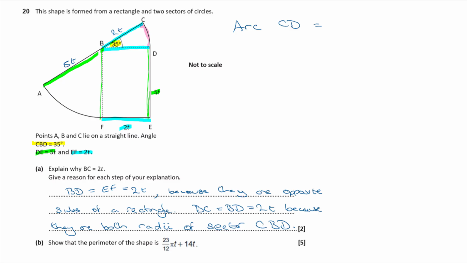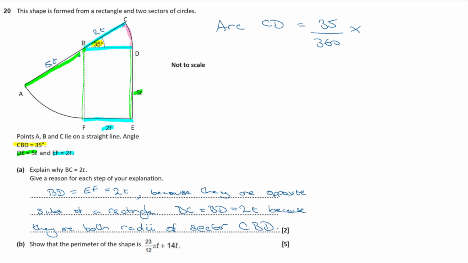So it's going to be the angle at the center, 35, over 360, times. An arc is a fraction of a circumference, and the formula for the circumference of a circle is 2 pi r. So 2 times pi times the radius, which in this case is 2t, isn't it? Just combining all those numbers in the numerator: 35 times 2 times 2, double 35 is 70, and double it again is 140. So that gives me 140 over 360 lots of pi t. Okay, so that's arc CD.